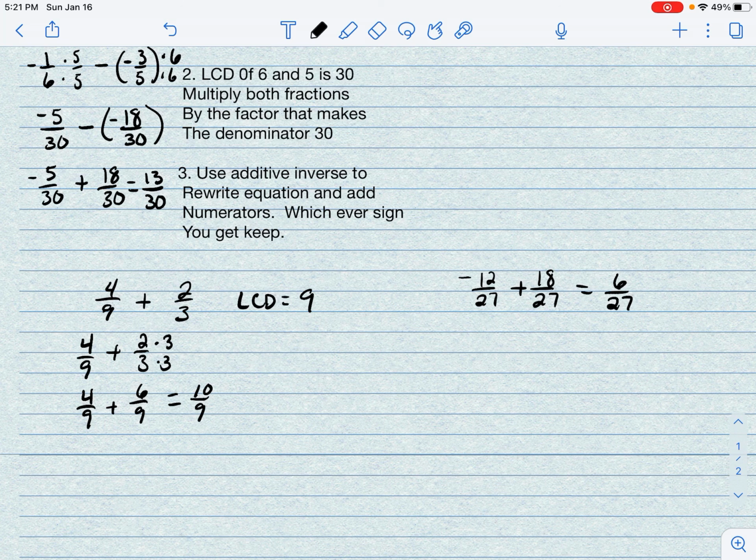Now this one, there is a common factor for 6 and 27, so we can reduce this. 3 goes into both of these. So when you divide by 3, you get 2/9. Okay, and that's just remembering those rules when we have positives and negatives. This all ties into following the same steps when adding and subtracting all rational numbers, including fractions, positive and negative.